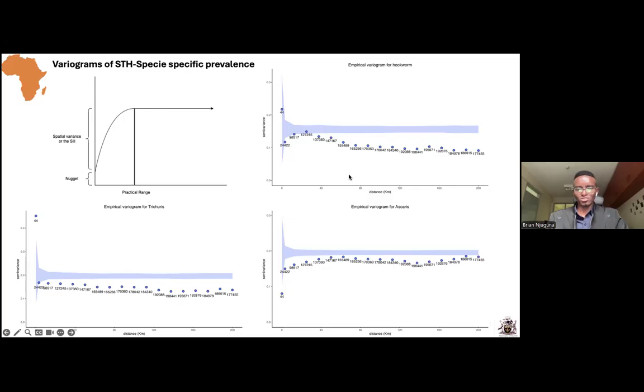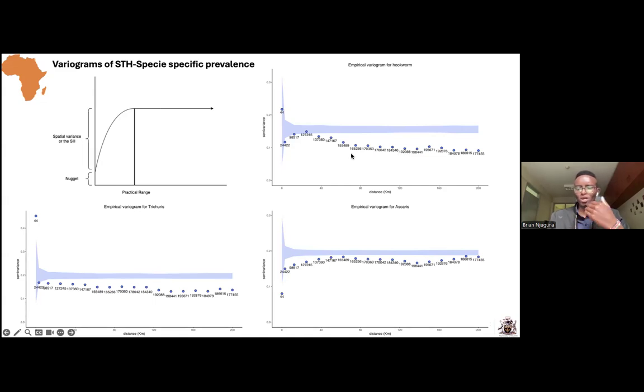Then we extracted the residuals, and using these residuals is how we try to see if they exhibit this pattern, because in the absence of spatial correlation, we would expect the pairs of the residuals to just fluctuate randomly, and in the presence of spatial correlation, we expect that the differences at shorter distances to be very low and increase as the distance increases.